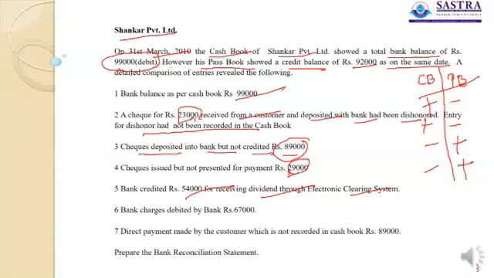And go to the bank charges debited by the bank. This is another kind of the bank's transaction with the customer. For the services rendered by the bank, they charge an amount as bank charges.